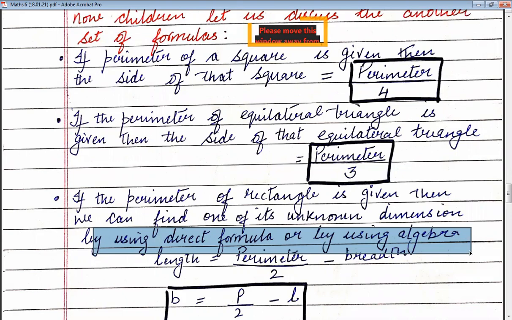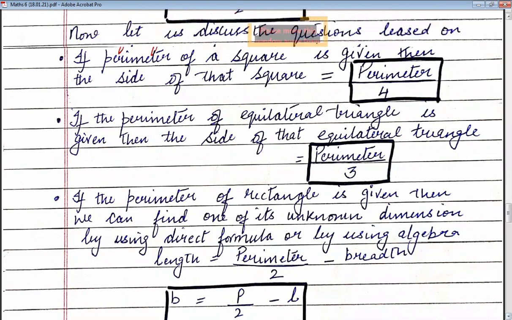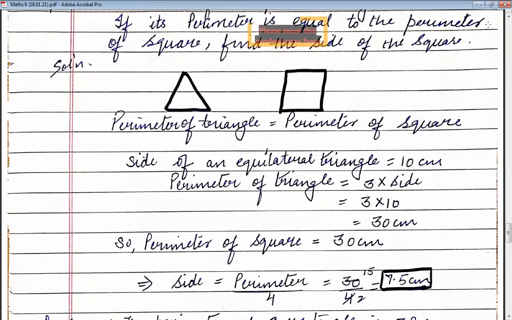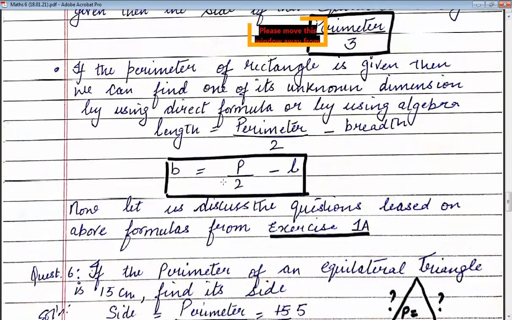That algebra I'll tell you how to do in our questions, but let's see the direct formula. Now children, suppose the breadth is given to you, then how will you find its length? Let's see the formula. Your formula is length is equal to perimeter divided by 2 minus breadth.